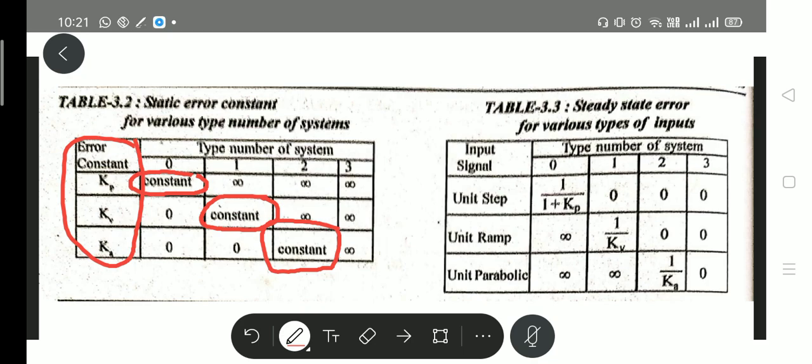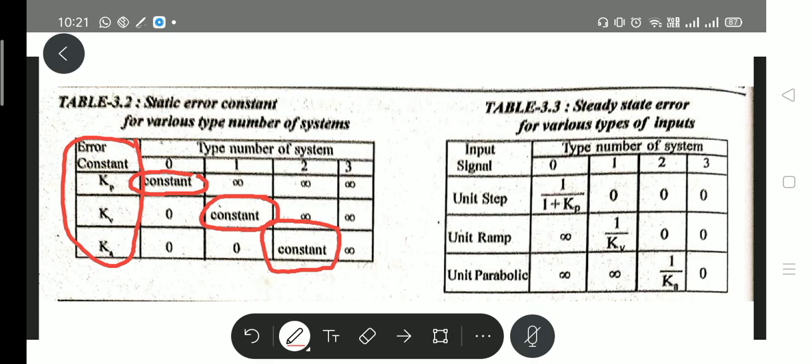You can do the problems once you understand this. And Ka is constant in type 2 systems only. The remaining, type 0 and type 1, are 0 and type 3 is infinity. Okay.